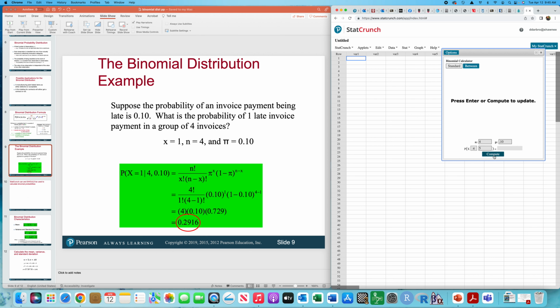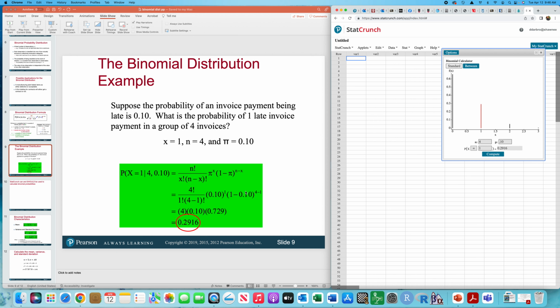And then I can do compute, and I'll get the graph of the probability distribution. You can see that this is right tail. So I want the probability that X is equal to 1. And you can see I get 0.2916, which is the same thing they get using this crazy formula.